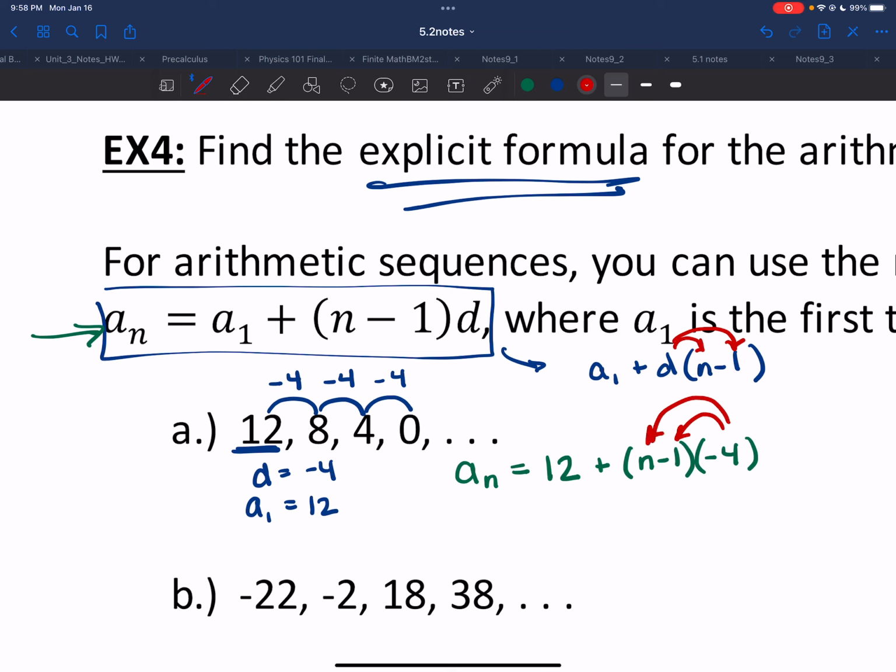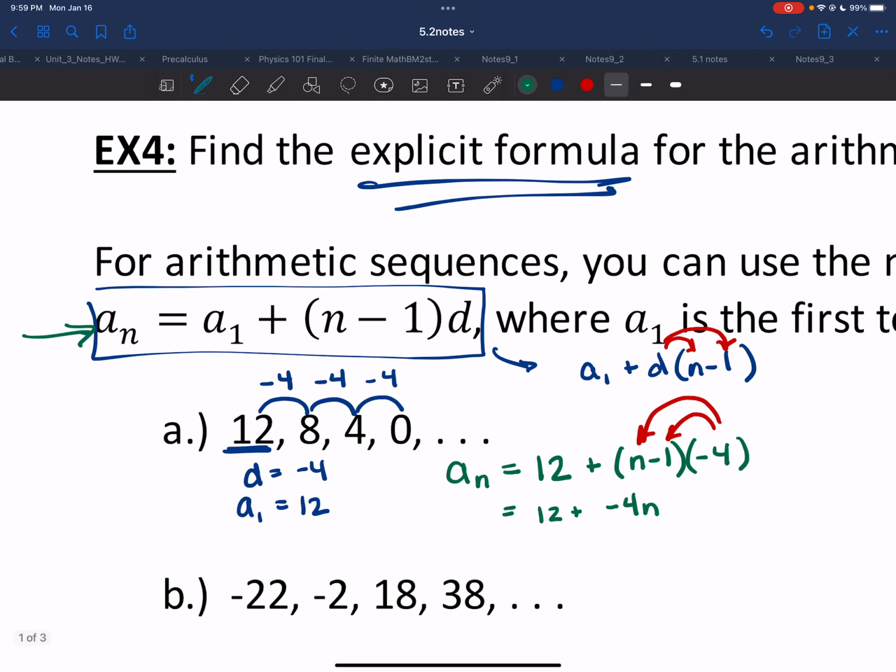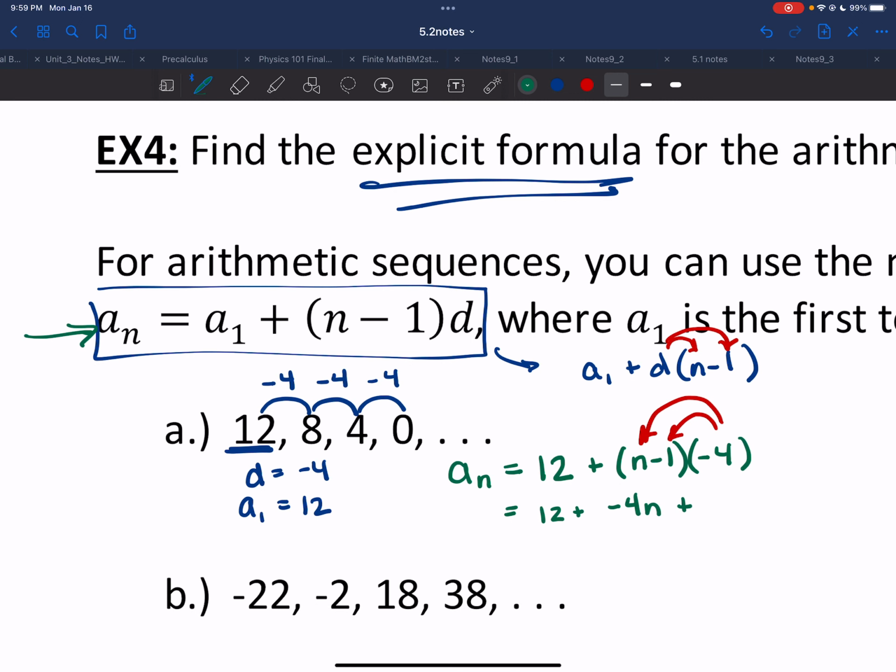So that's going to look like this: 12 plus negative 4n, and then we're going to have plus 4, because when I take a negative 1 times a negative 4, those two negatives are going to make a positive. So don't forget all of your signs there.